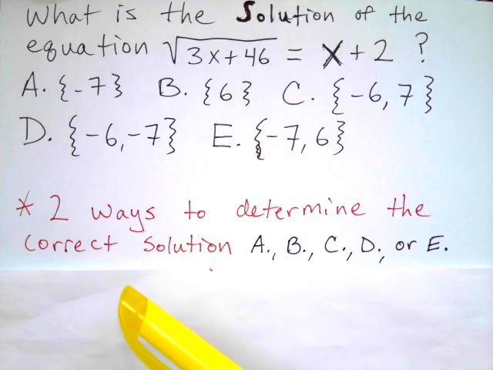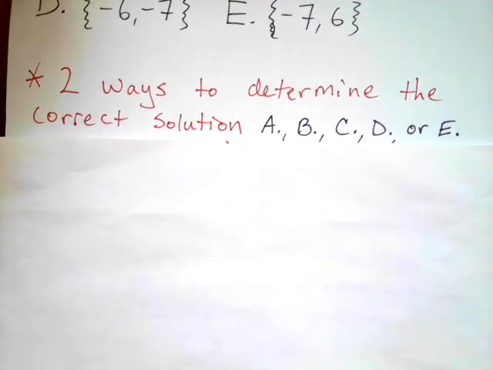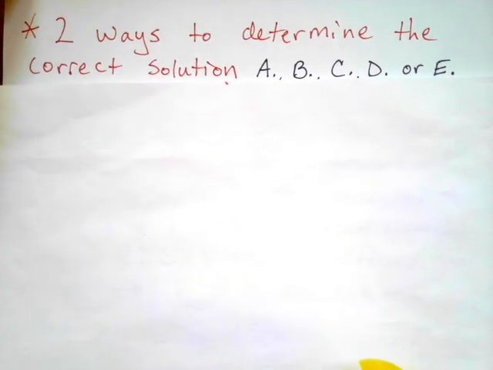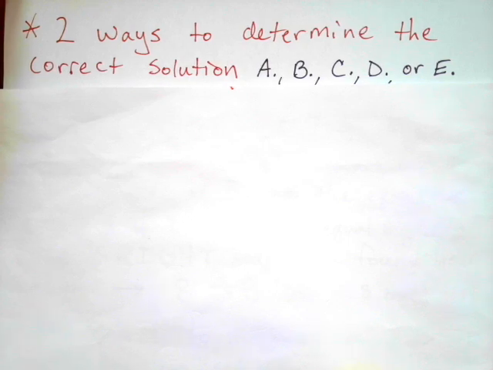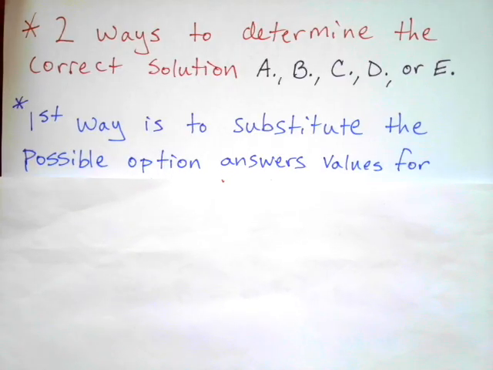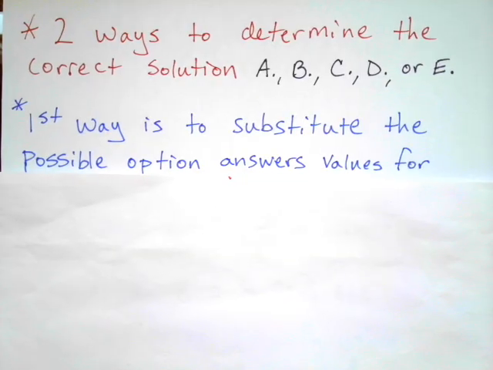One of those ways is to solve using a similar method as I've gone over before in other videos that talk about finding the zeros of a function, which includes factoring, right? So factoring, solving for x, is one way. The other way is going to be using substitution. So the first way, in my opinion, and the easiest way, is to use substitution.